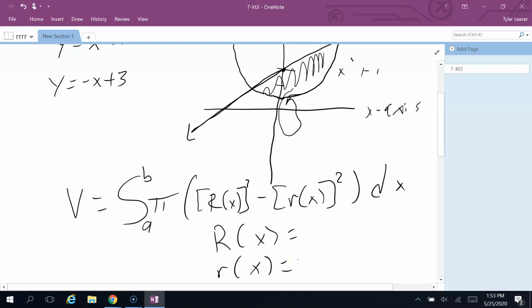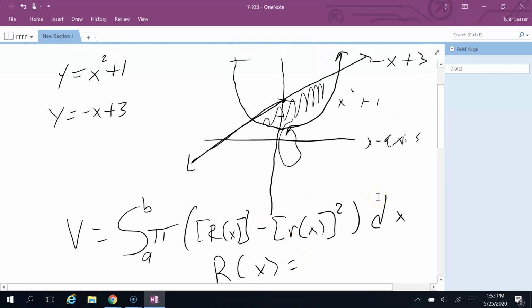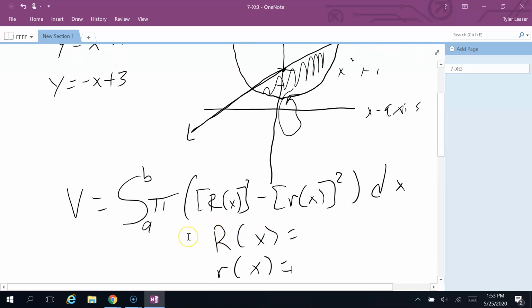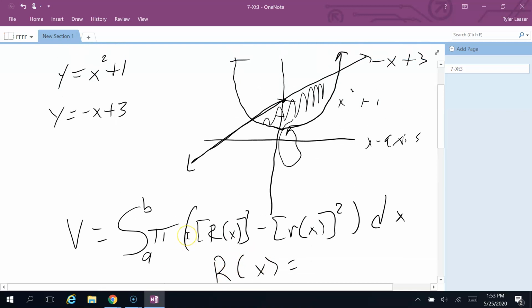Almost always it's going to be your two functions. You just have to be careful about which one is which. The big R, the outside radius, is always going to be the function that is furthest away from the axis of rotation. So if my axis of rotation here is the x-axis, then the top part of my region is this straight line here. So that means that is going to be my outside radius.